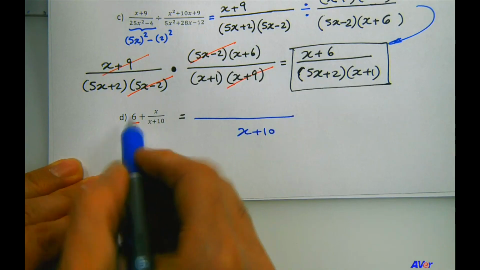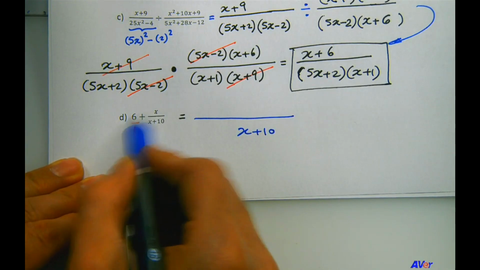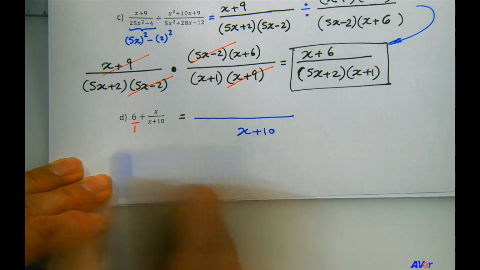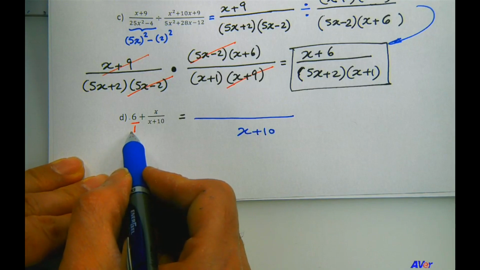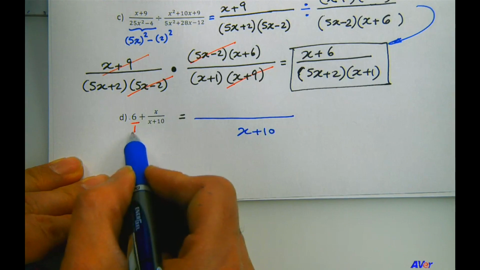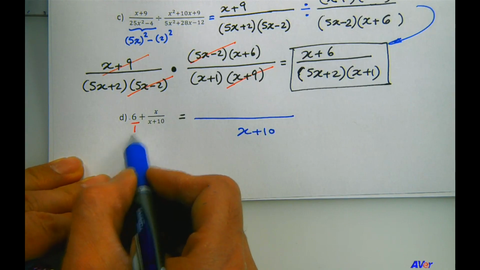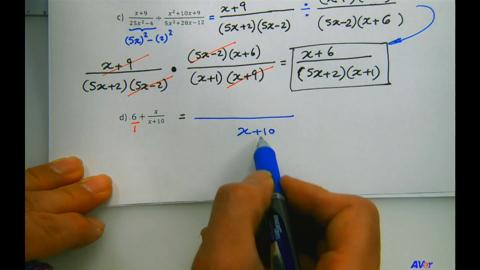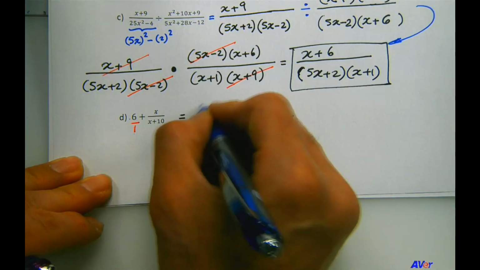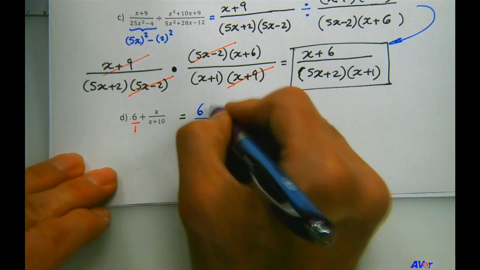So now each numerator must be multiplied by a factor of the common denominator that is missing from its own denominator. So compare this common denominator with 1, which is the denominator of 6. What's missing from it? The whole thing. x plus 10 is missing. So multiply 6 by x plus 10.